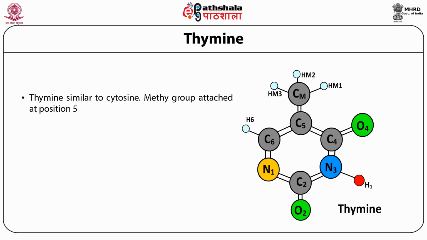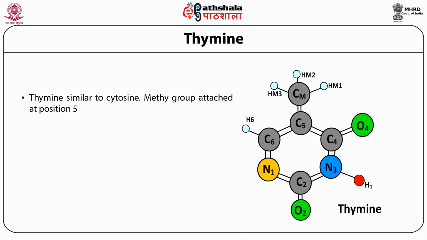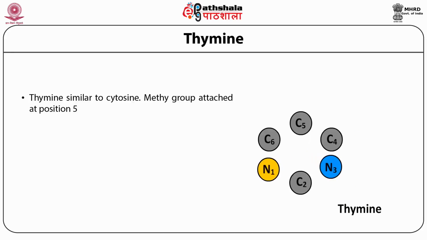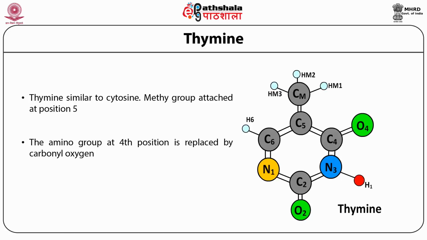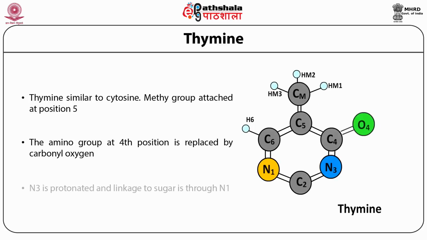There is another proton at C6, the electron donor shown by red and the oxygens by green and glycosylic linkage by yellow. Methyl group is attached to the position 5. The amino group at 4th position is replaced by carbonyl oxygen, and N3 is protonated and linkage to sugar is through N1.